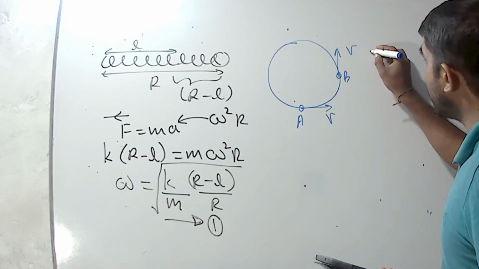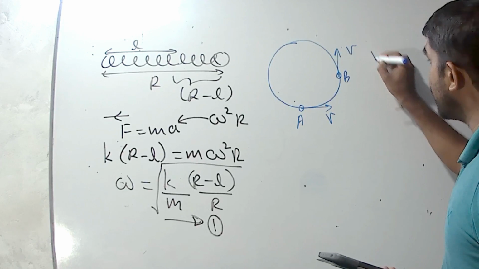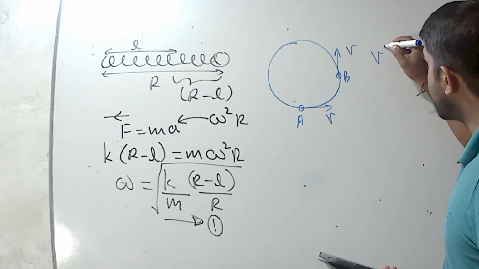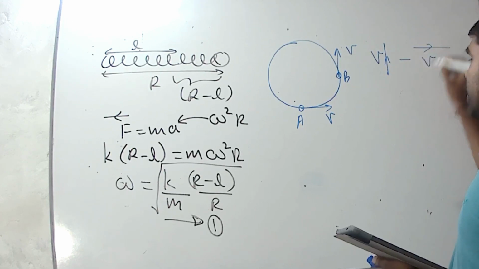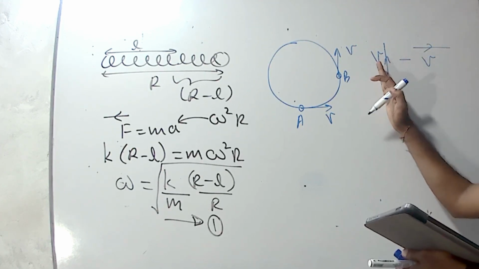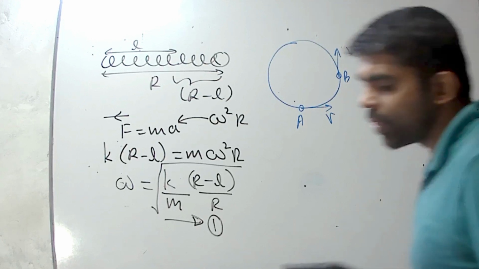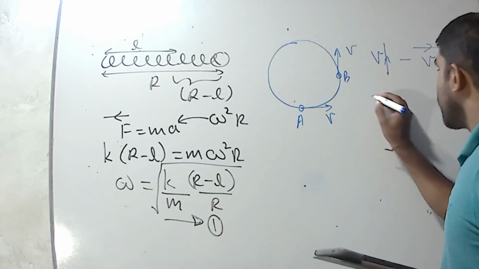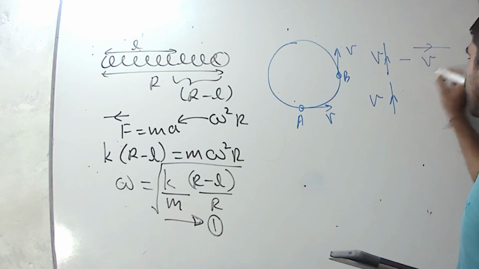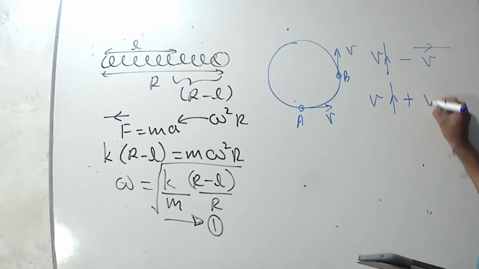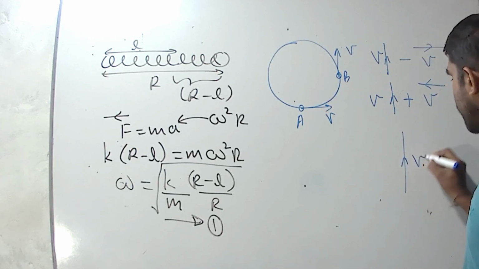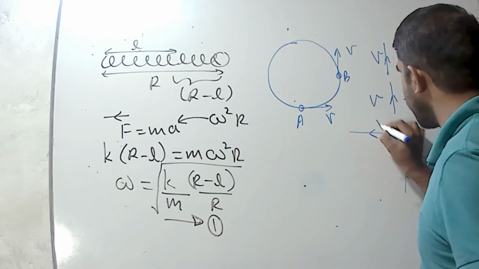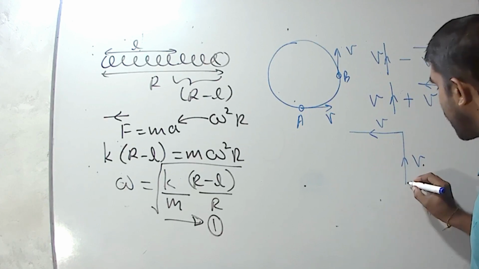We can get the change of velocity: v in this direction, final velocity, minus v in this direction, initial velocity. Final velocity minus initial velocity is the change of velocity. Then minus v means plus v in the opposite direction. Now v in this direction and v in this direction, we have to add the vectors.